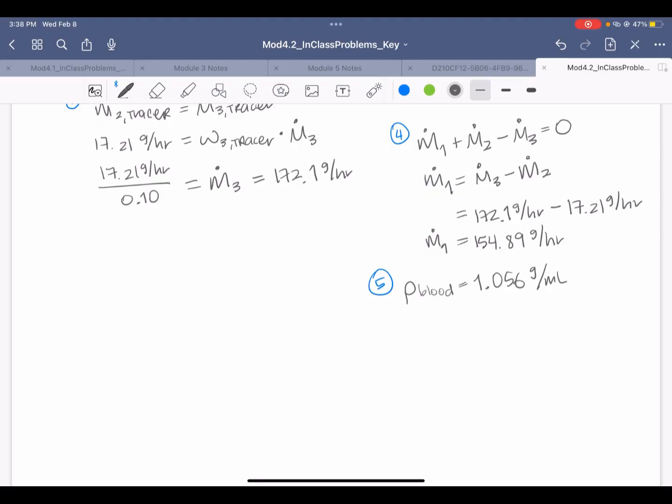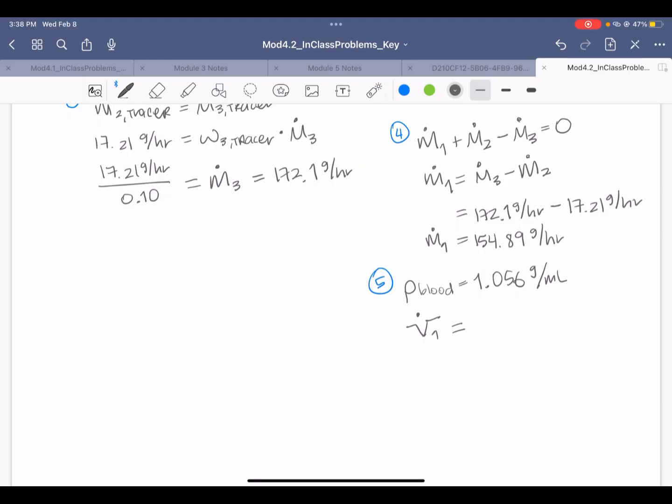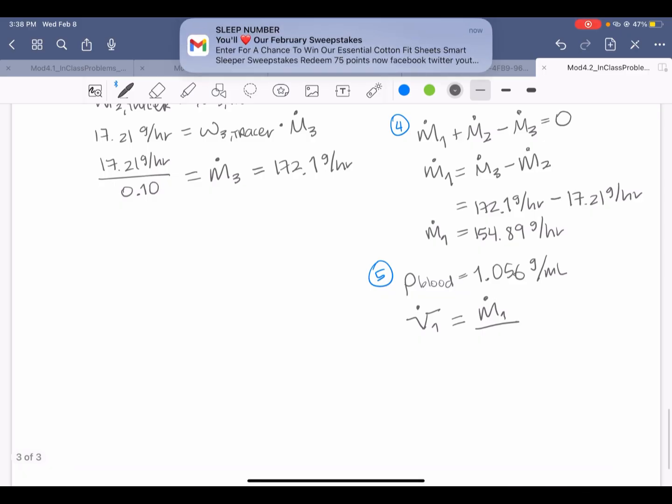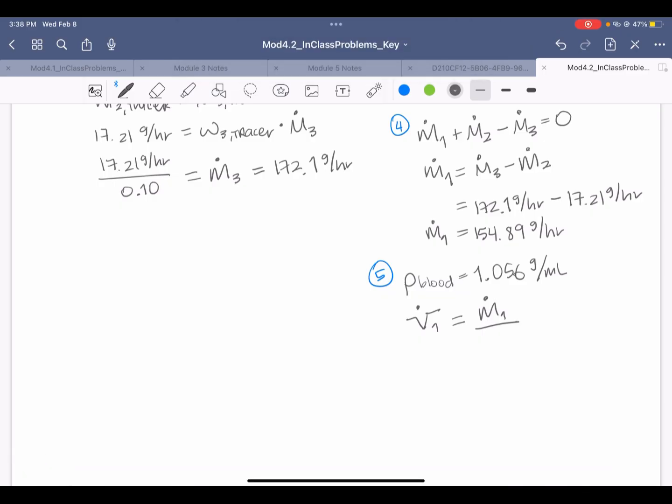Okay, so I can simply use that, right? And just so you remember, to get the volumetric flow rate from the mass flow rate, the only thing you have to do is divide your mass flow rate by the density.